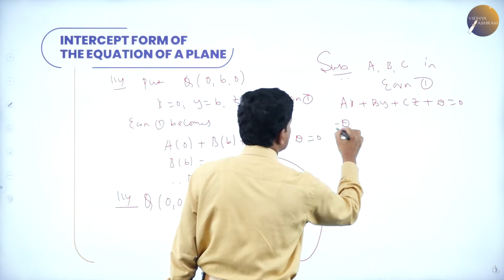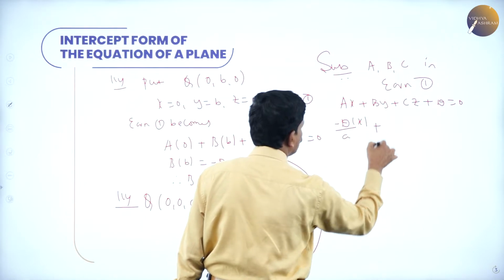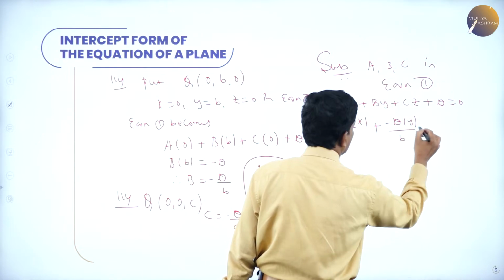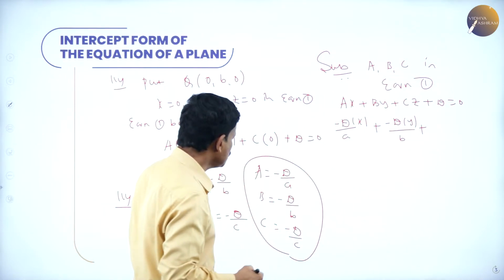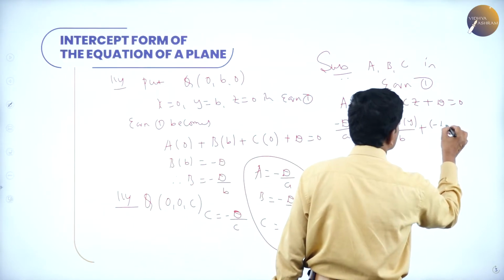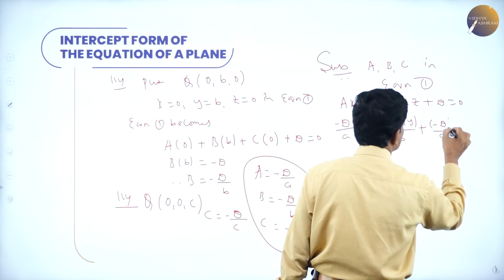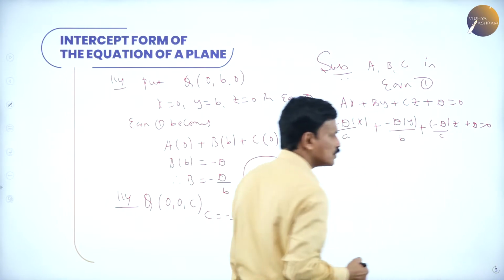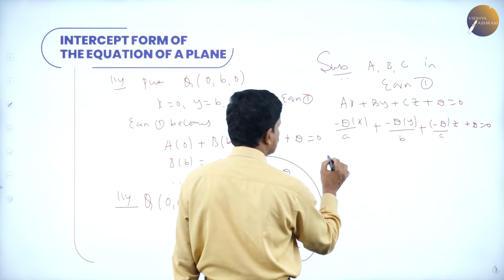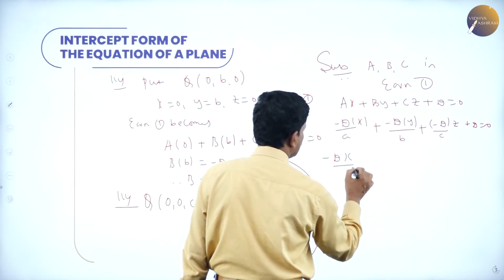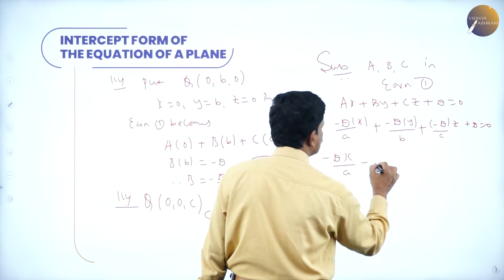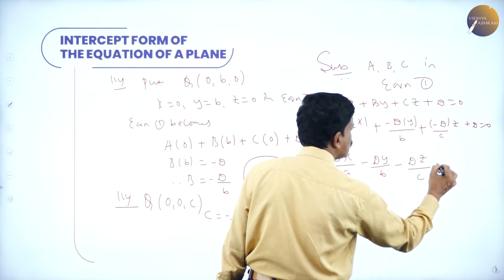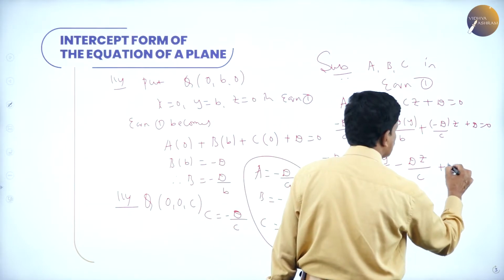Minus d by a into x plus minus d by b into y plus minus d by c into z plus d is equal to 0. Now this can also be written as minus d into x by a, minus d into y by b, minus d into z divided by c, plus d is equal to 0.